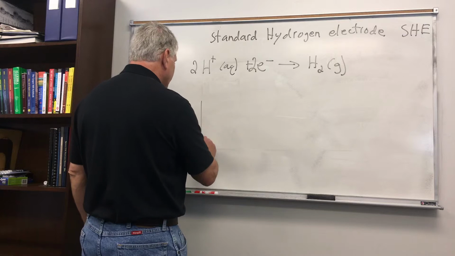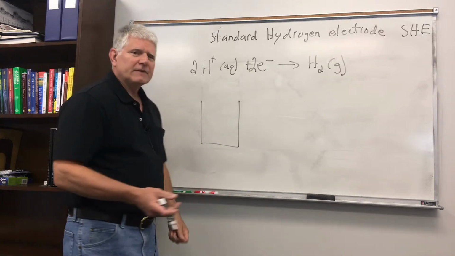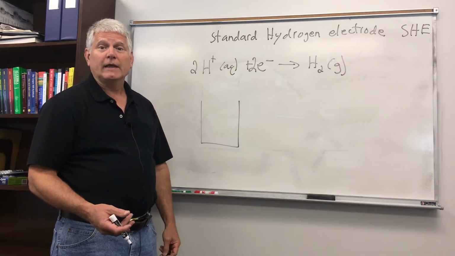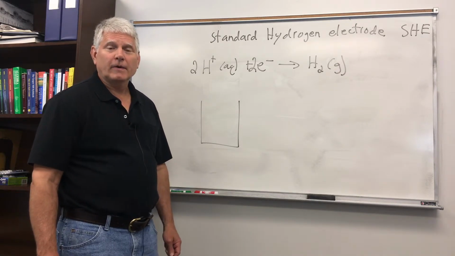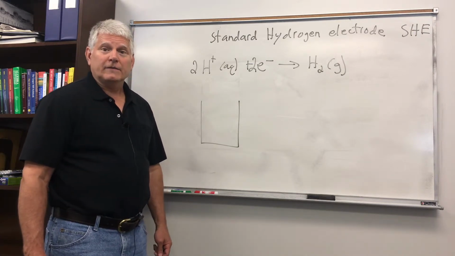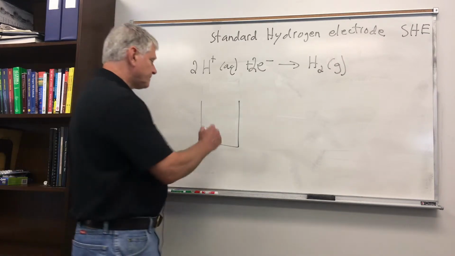So we can construct a beaker, and since we don't have a solid like with zinc or copper, we need another electrode, and we usually pick platinum because it's very inert and unreactive, and it won't react and be consumed in the reaction.